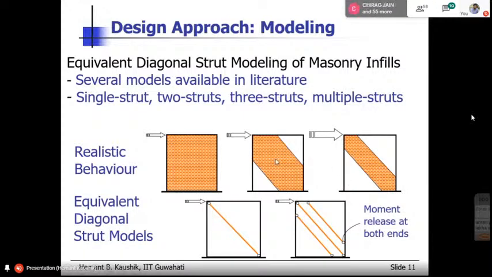Second point is, let us say that the lateral load increases up to this level, and this strut has this size. This is the finite size of that strut. So what will happen when the lateral load is transferred to the strut as a diagonal action force in the wall?